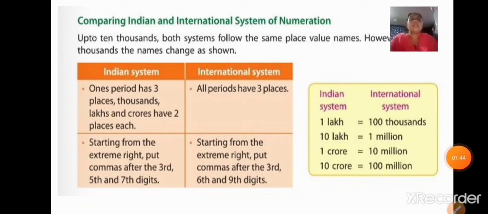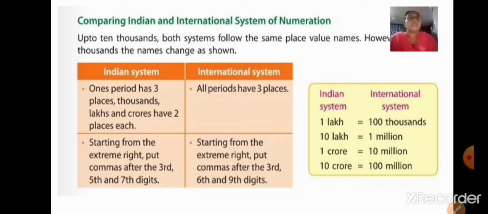In the Indian system, ones period has 3 places, thousands and lakhs and crores have 2 places each. We studied that in the international system of numeration, all periods have 3 places. That is, after every 3 digits we put the commas.